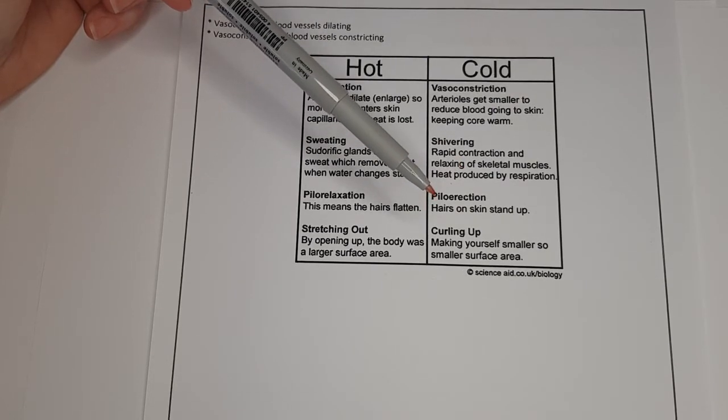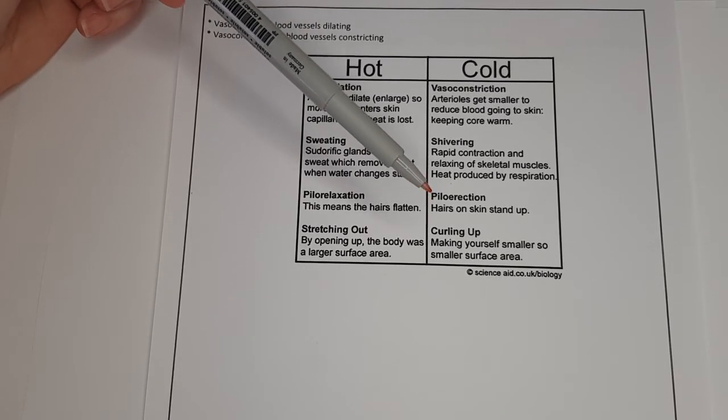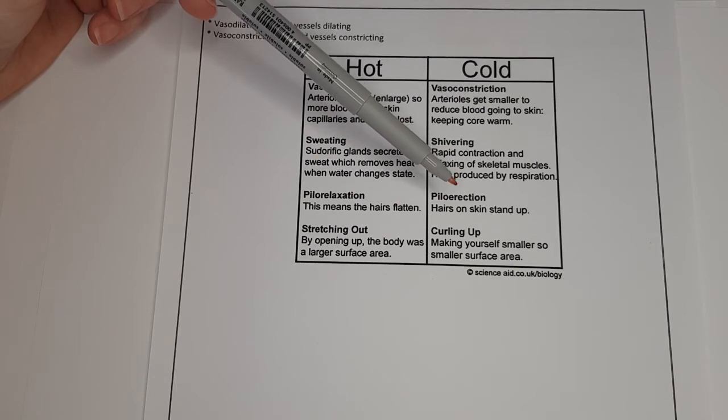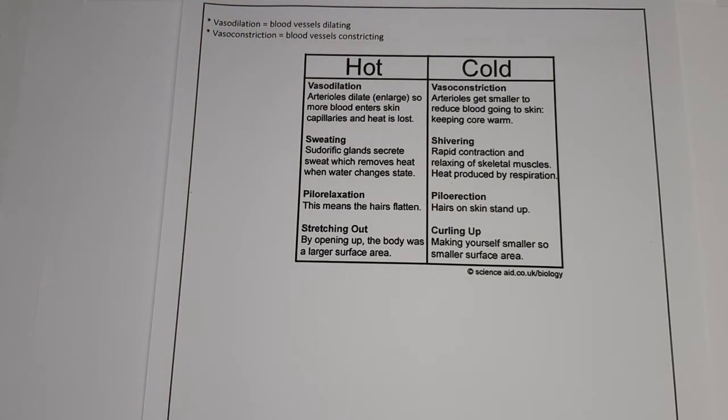The hairs on your skin stand up in order to trap any heat so that we can insulate, so that we won't lose as much heat as possible. Okay, and you try and curl up as small as possible so that you don't have any surface area, and you cover yourself in blankets so that we can keep all the heat that we have.